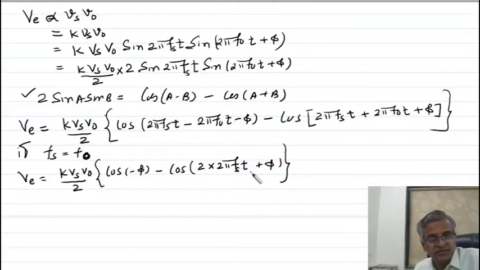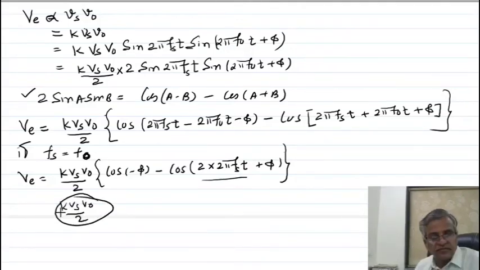One is DC having cos phi, second is the higher frequency term. These are DC terms, where K is the comparator gain or attenuation constant.